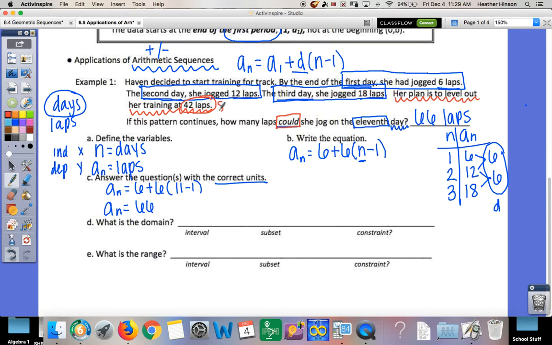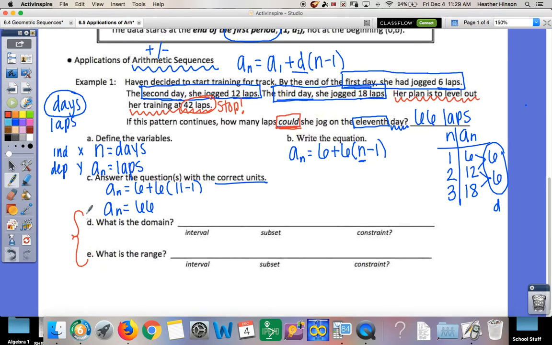She wants to stop at 42. That's why it says could right here. How many could she jog if she continued her pattern? So that's not going to change your answer here, but it is going to change your answer here at the bottom for domain and range.